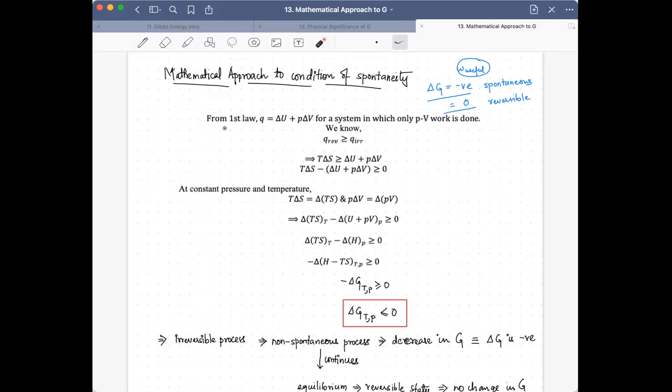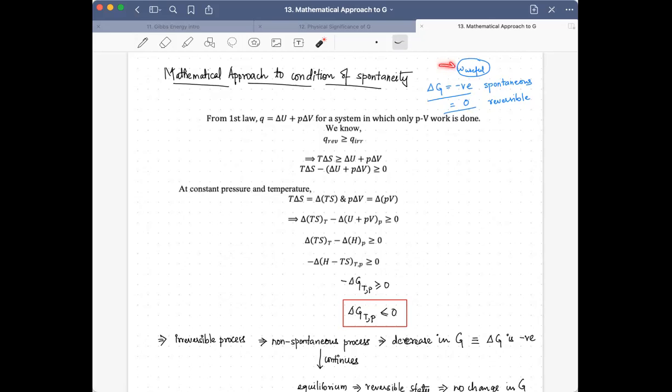So as you can see, we start with the first law of thermodynamics, and we know that Q is equal to delta U plus P delta V, an equation you are pretty familiar with from the past videos, for a system in which we only consider the pressure volume work.